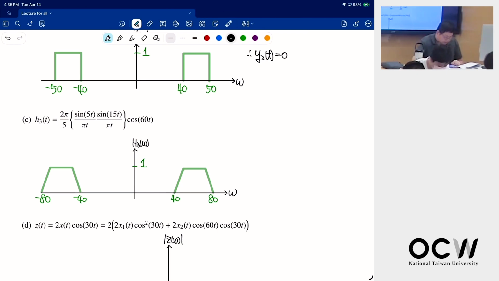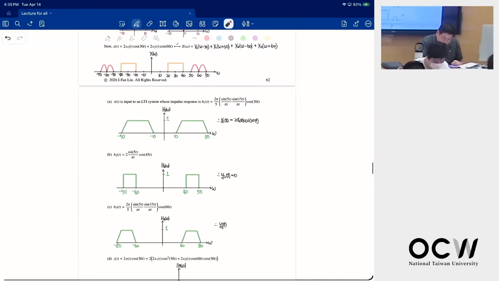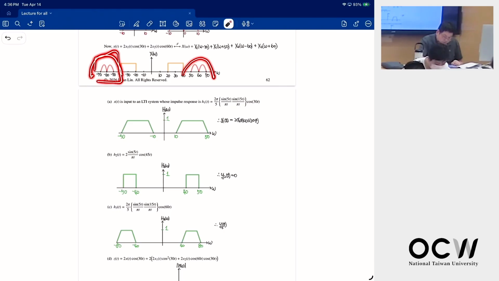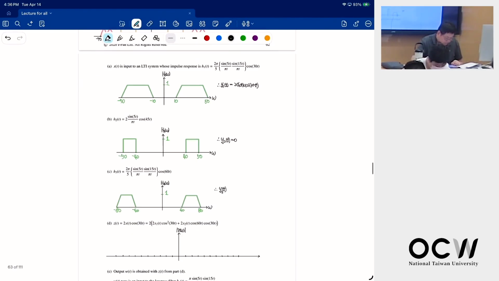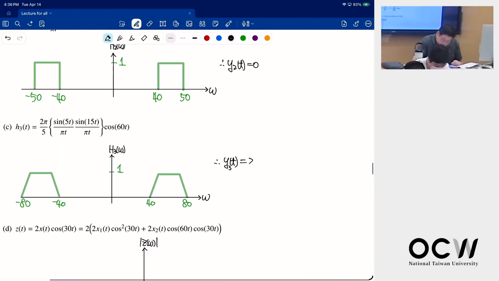So in this case, we only need to know from 40 to 80, minus 40 to minus 80. So I preserve x2, right? So x2, that means 2x2(t) cosine 60t.